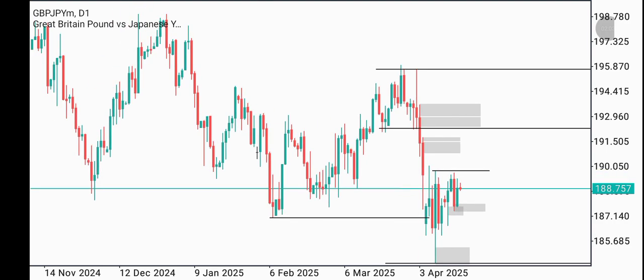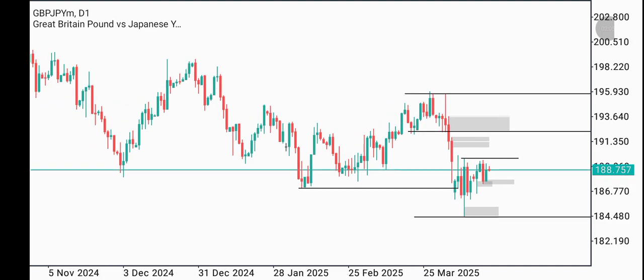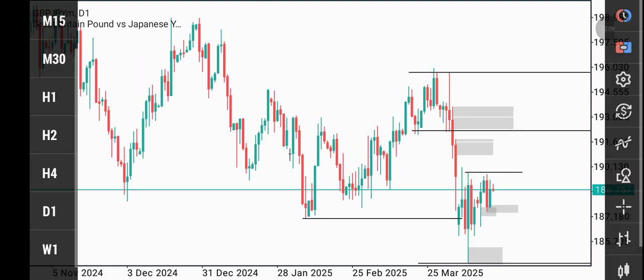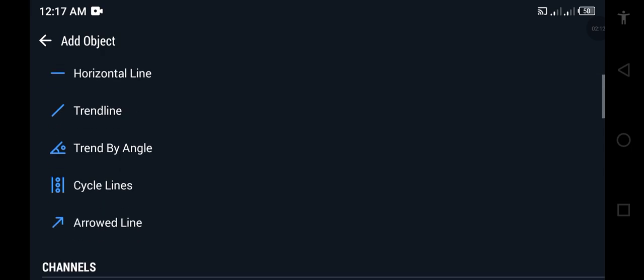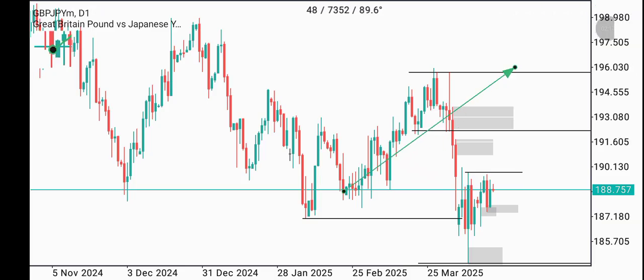So from this point I can say the market is at least still pointing to the downside due to this aggressive displacement of price to the downside.